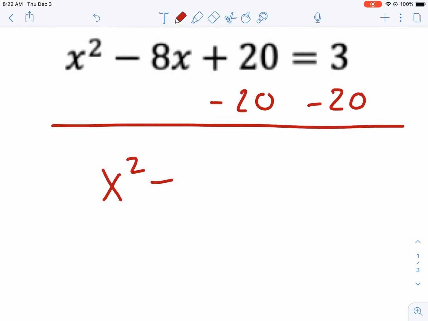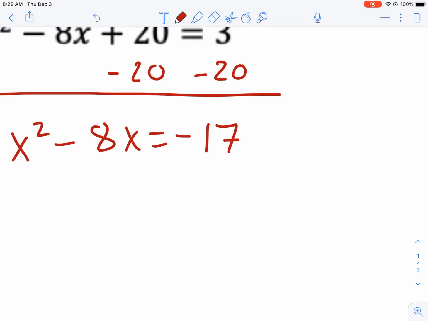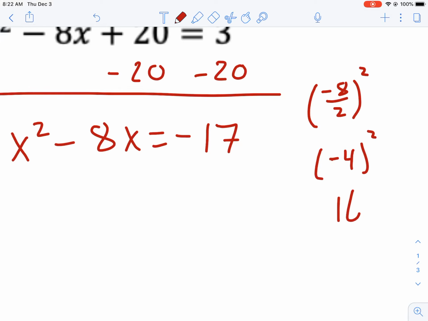So this will give us x squared minus 8x equals 3 minus 20, that's -17. And again, we're going to do our formula of b over 2 squared. So our b value is -8. So we've got -8 over 2 squared. -8 over 2 is -4. And -4 squared is 16.